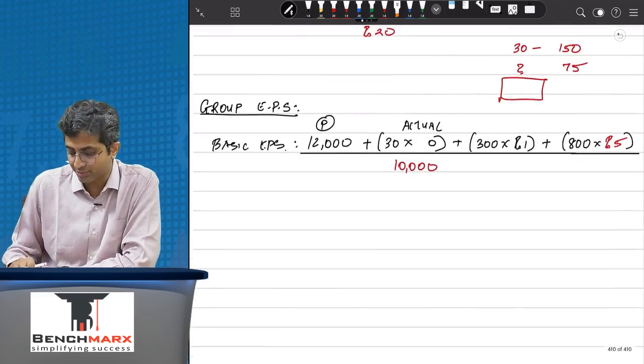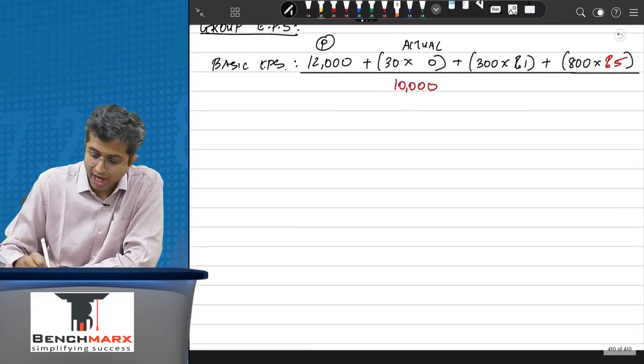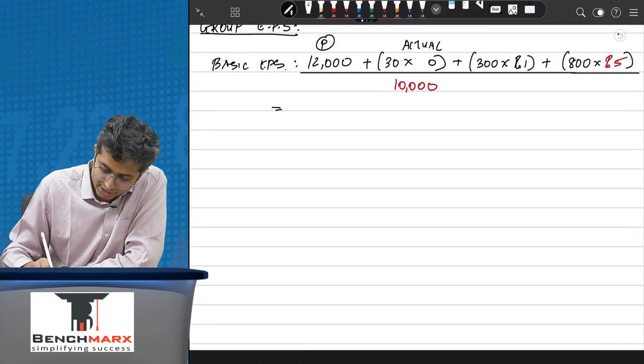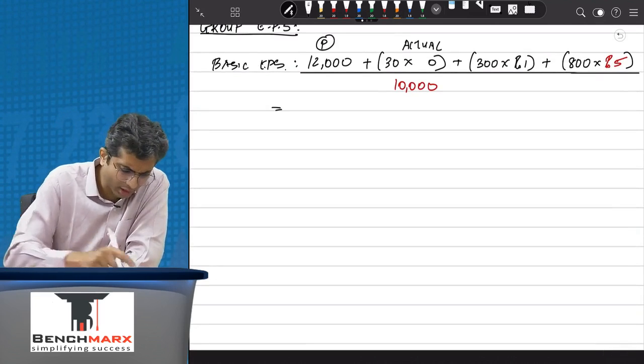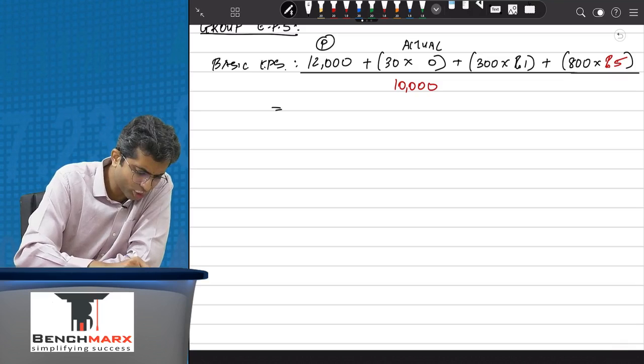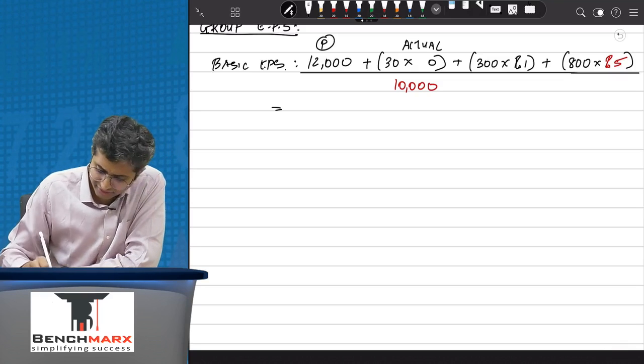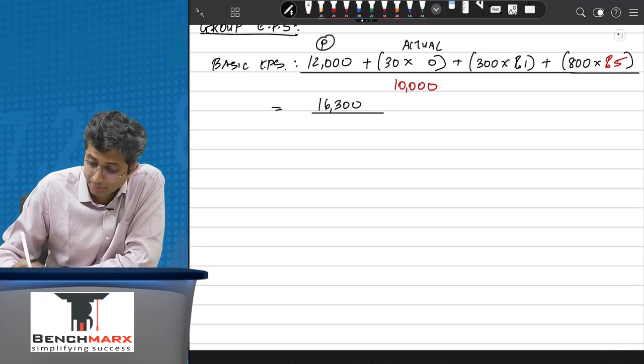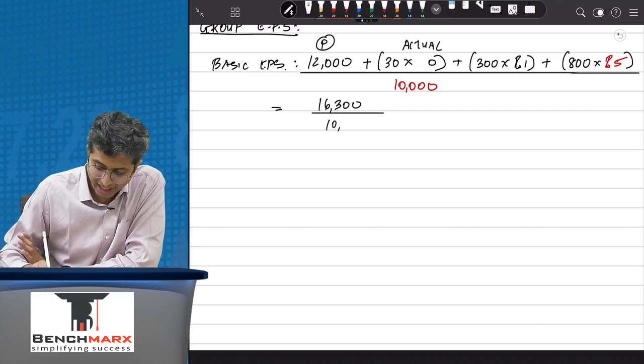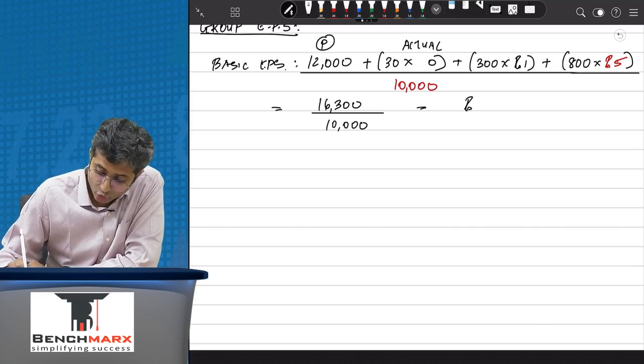Even if no dividend is paid, this is consolidated, and as a result over here, this is, let's say, 12,000 plus 0 plus 300 plus 4,000. So this is, let us say, 16,300. Parent has not issued any potential instrument. Subsidiary has, but in the denominator you only take the parent's shares, and hence this is rupees 1.63 if I'm not wrong.